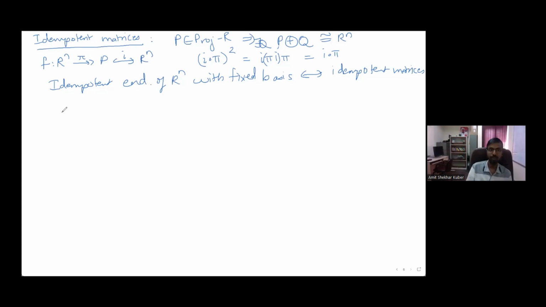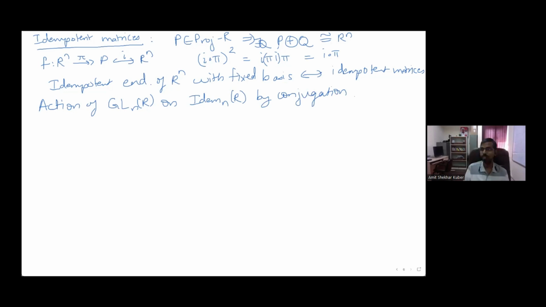Right. So therefore, we have to talk about the action of GL_n(R) on idempotent matrices of size n over R by conjugation. Right.